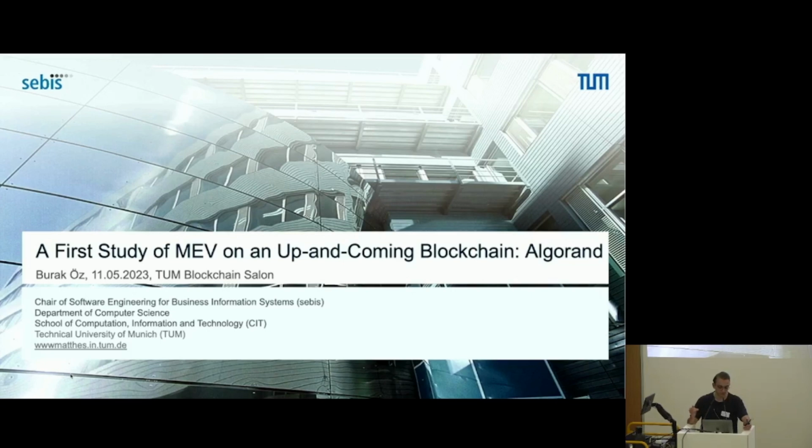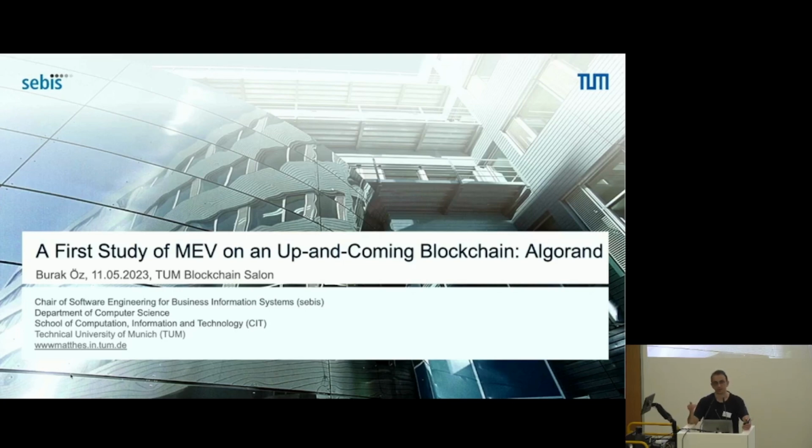And the motivation is that, as you have seen, MEV is already studied in Ethereum extensively, and we are also doing that. But it's not an incentive inherent to Ethereum only. There are other blockchains as well with similar properties, and the dynamics of the blockchain shape how the MEV game is played.